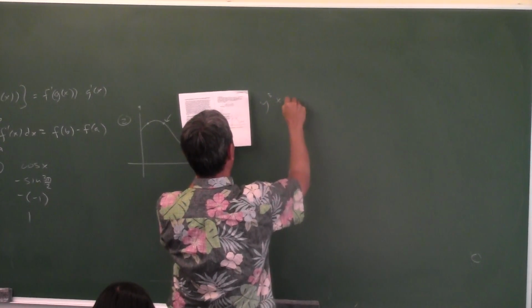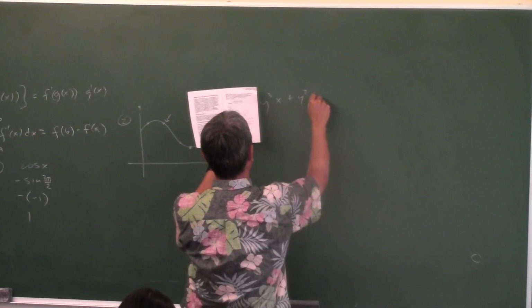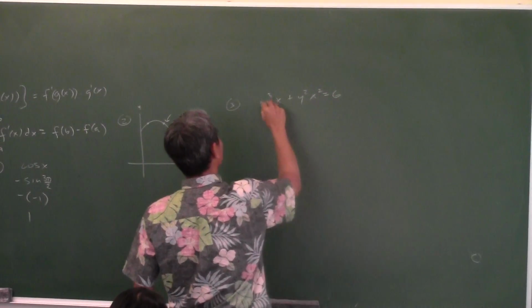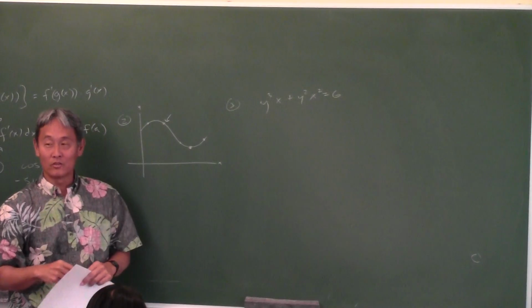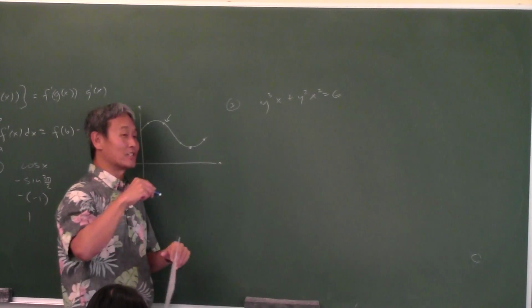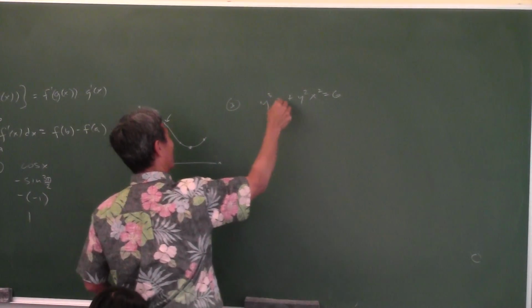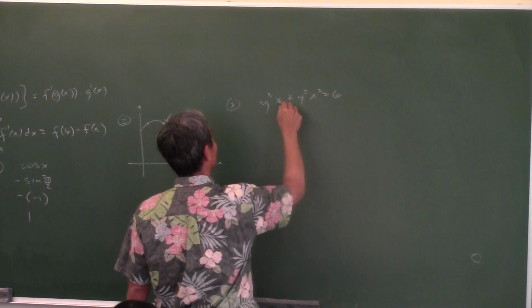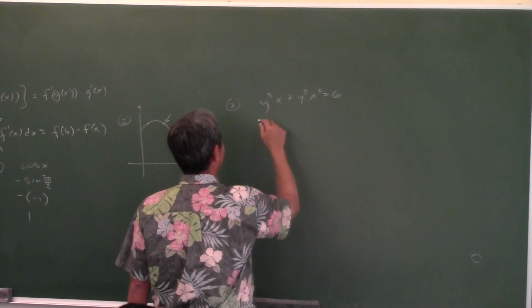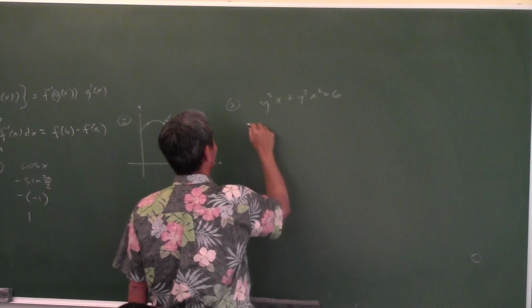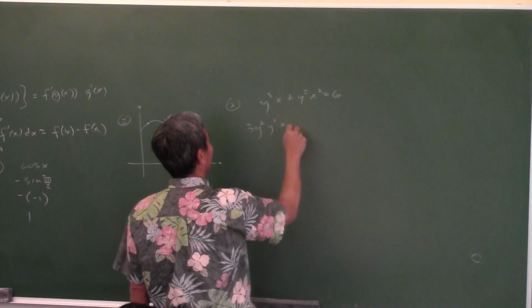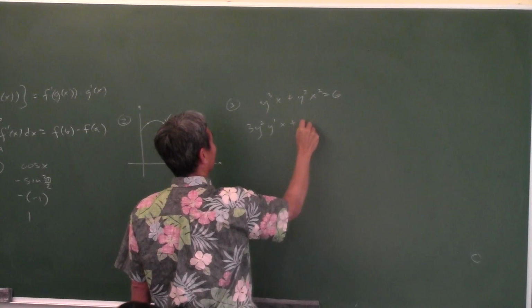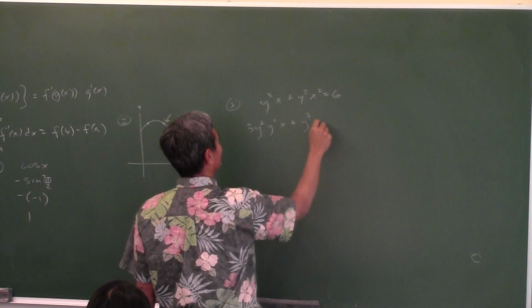Mr. Park, if it's difficult or impossible to solve for y, how do I find the derivative? What kind of differentiation do I do? Implicit differentiation. Getting there. The softball one: y squared, 3y squared y prime, x plus y cubed times x prime.